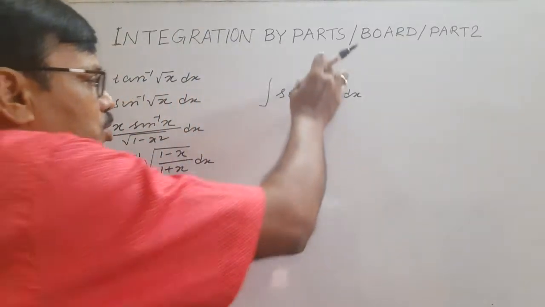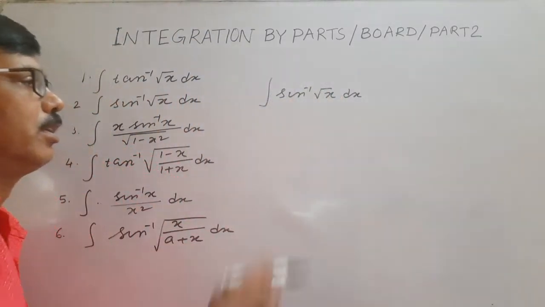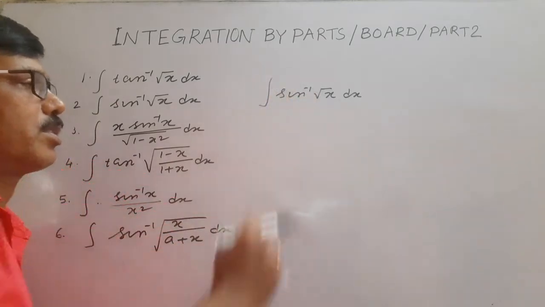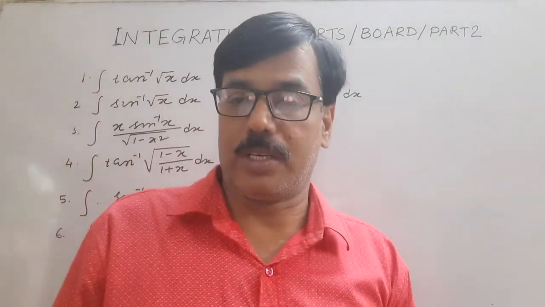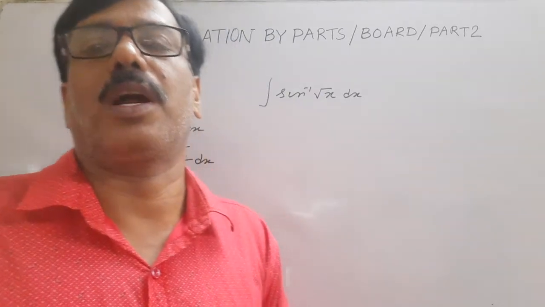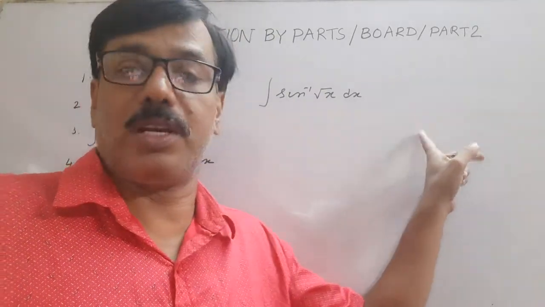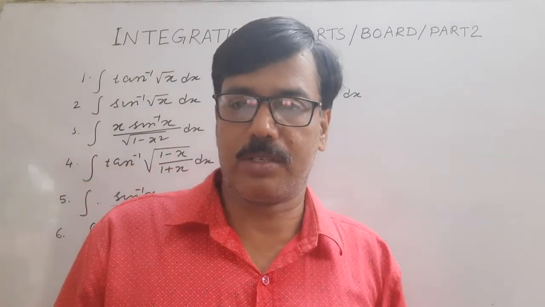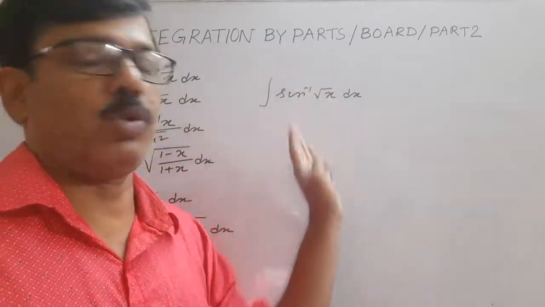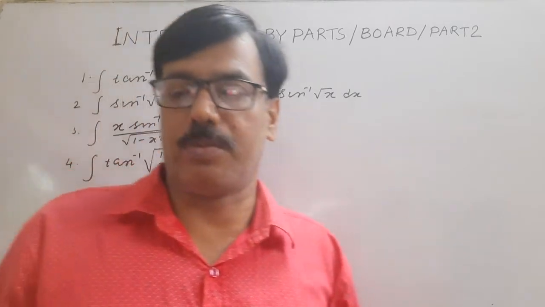But if you use this method, then you have to differentiate sin inverse root x. The derivative is difficult: 1 by root under 1 minus root x whole square, d/dx of root x. So to omit the root over, we put a transformation.